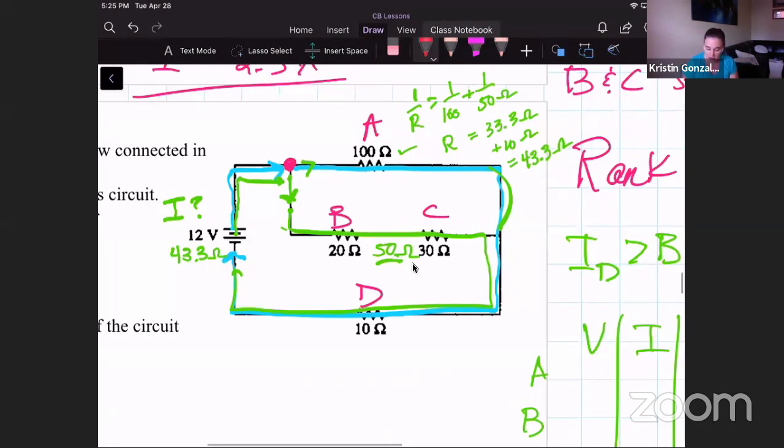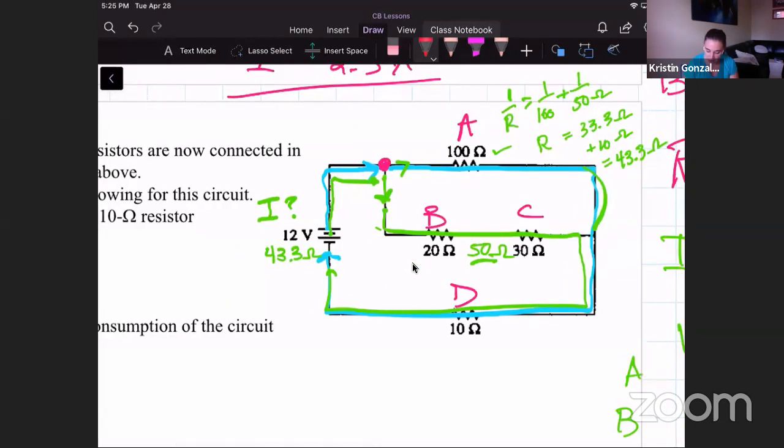So if I know the resistance and the potential difference, what can I find? I can find the current being supplied by the battery, because it's the voltage divided by the resistance. So if we plug in that 12 volts divided by our 43.3, we get 0.277 amps.